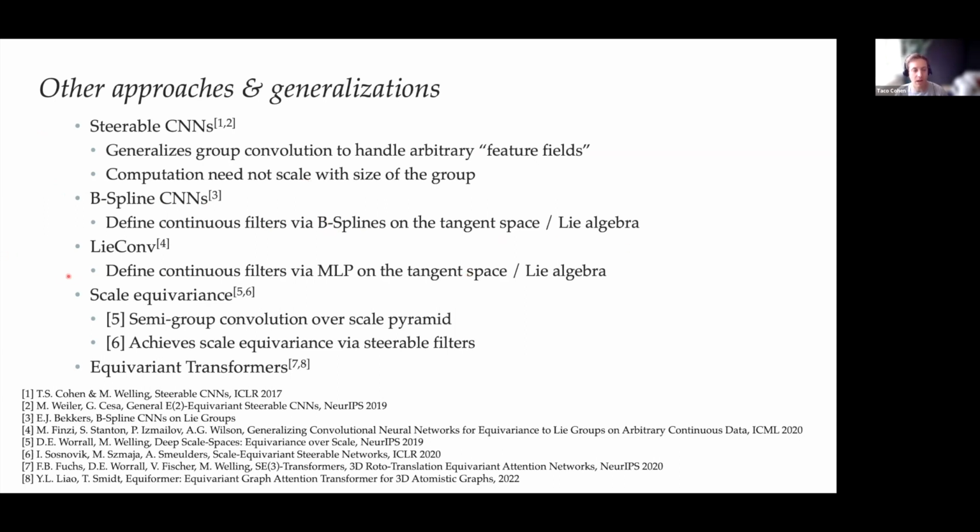Lie conv, there's work on scale equivariance, and recently what's been quite popular is equivariant transformers of various kinds. And I should say that this is only a tiny sampling of the literature, but there's a lot of work that you can find on equivariant convolutional networks and other equivariant networks.